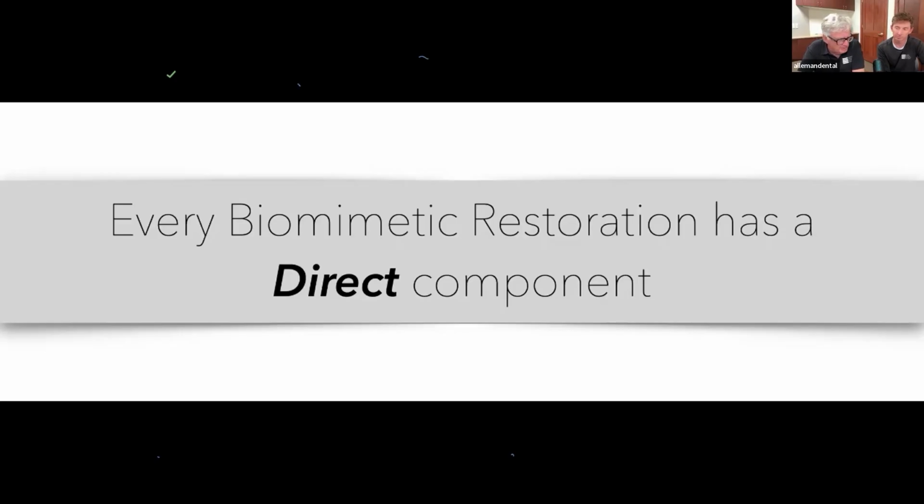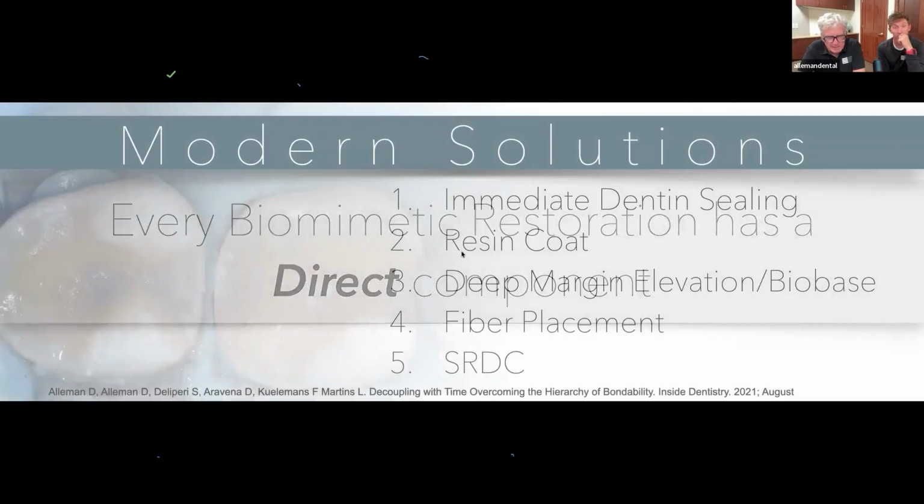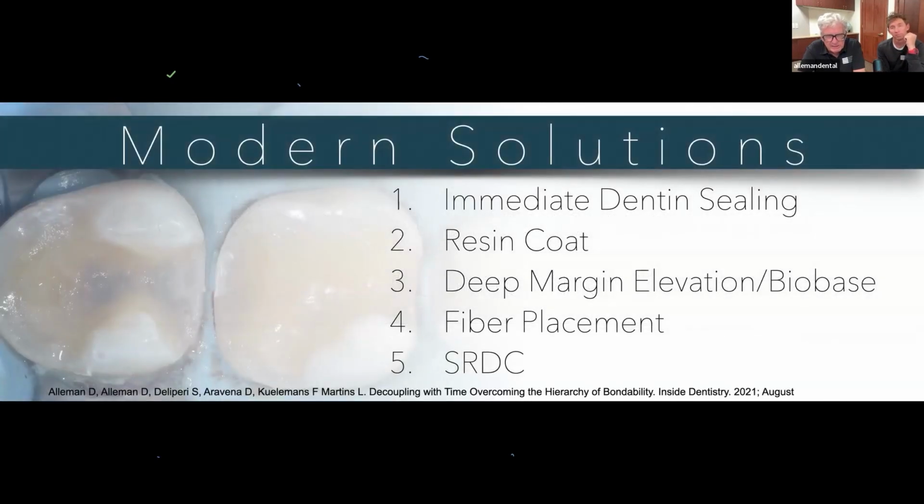No matter what your top is made out of or who makes it, the bottom part that you are responsible for is the most important part of the biomimetic restoration, and that's the bottom of the restoration. And so these modern solutions that we have include immediate dentin sealing, resin coating, deep margin elevation and bio-base formation, and fiber placement and stress-reduced direct composite.